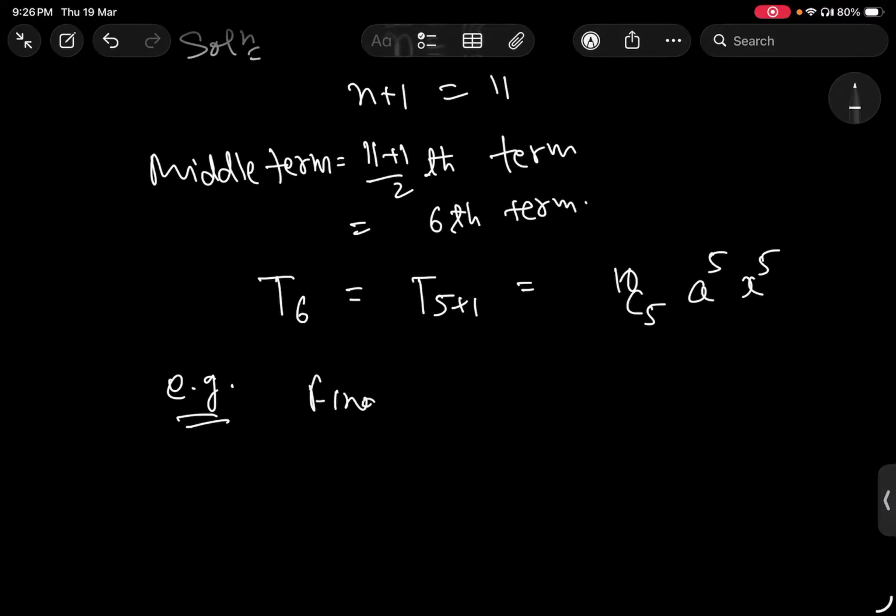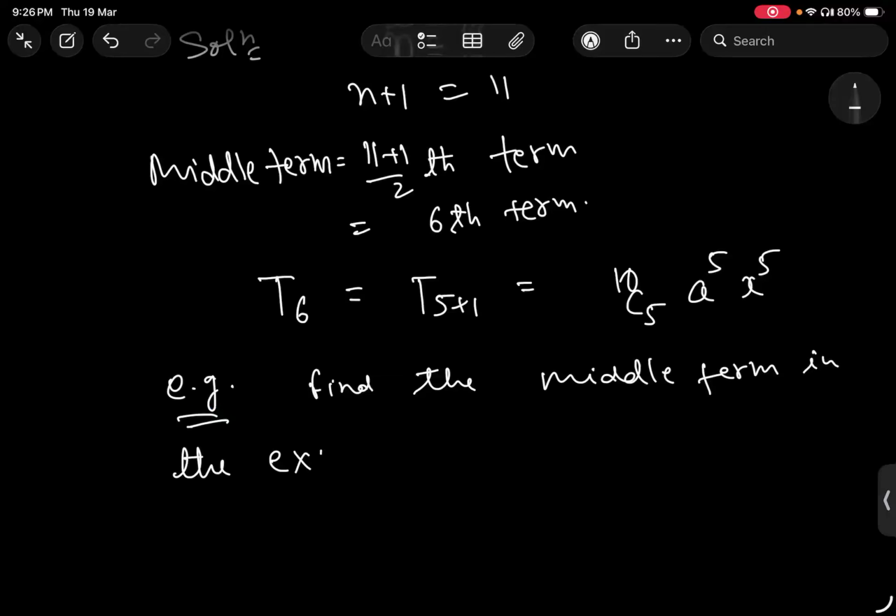Find the middle term in the expansion of (x + 2) to the power 11.